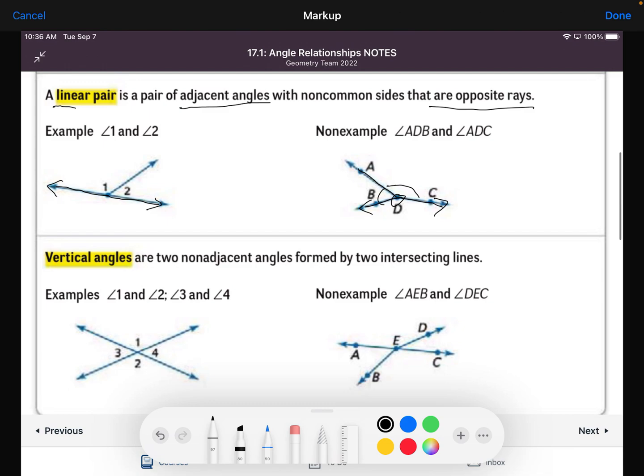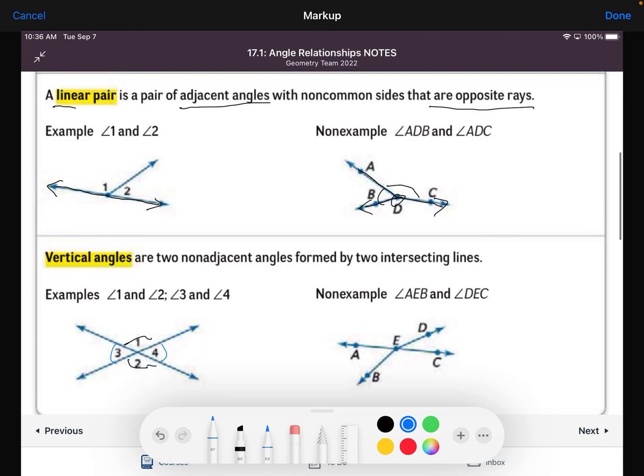Vertical angles are 2 non-adjacent angles, so they're not next to each other, formed by 2 intersecting lines. If we look at this figure, 1 and 2 are adjacent, and 3 and 4 are adjacent.